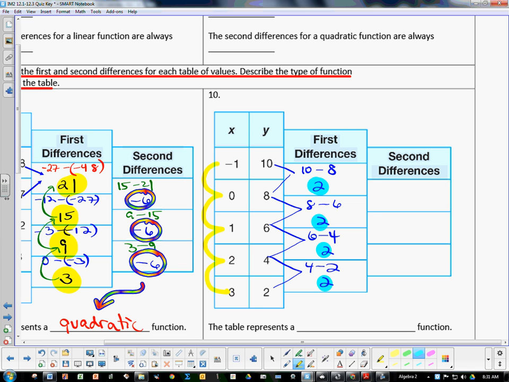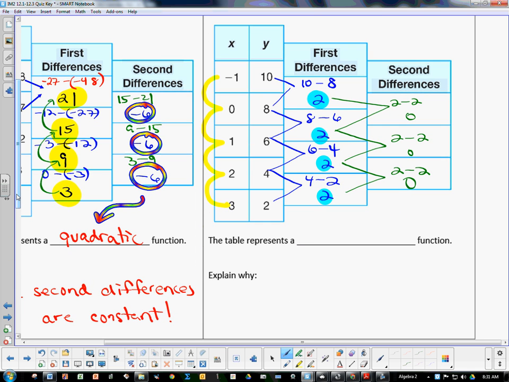And then if we do the second differences, what is 2 minus 2? 0. Then 2 minus 2, 0. And finally 2 minus 2, 0. If this happens, then this table represents what type of function? Linear function. And the explanation would be first differences are constant.